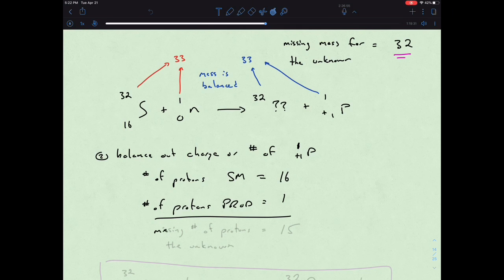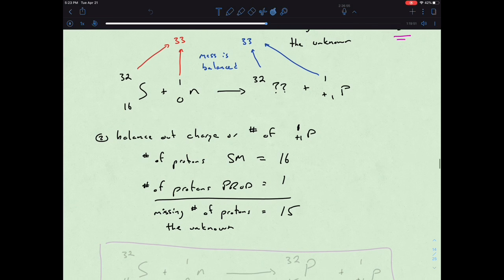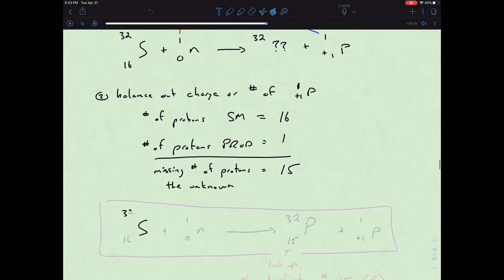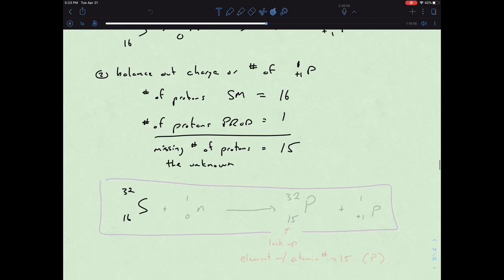So the missing number of protons is equal to 15, and that would be for, again, the unknown that we're looking at. So now we can develop that reaction to be pretty much balanced by mass and by number of protons.